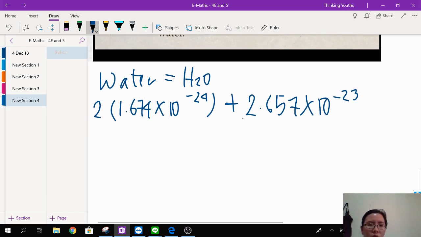So when you key into calculator, you straight away can get the answer. 1.674 times 10 the power of negative 24 plus 2.657 times 10 the power of negative 23.